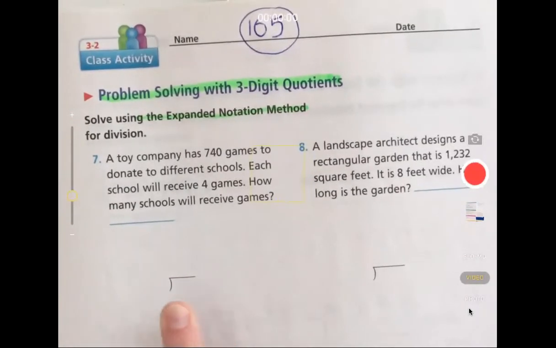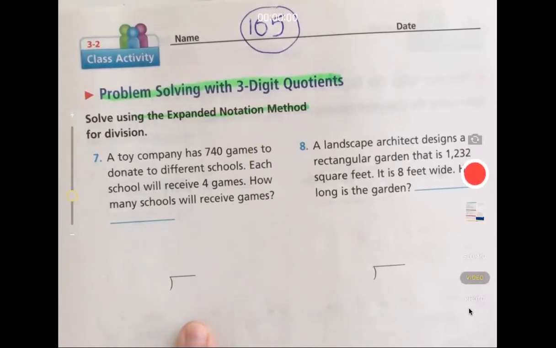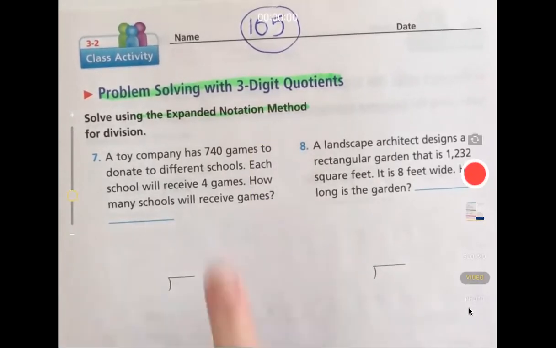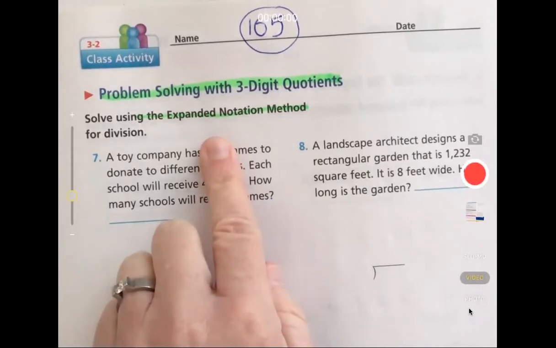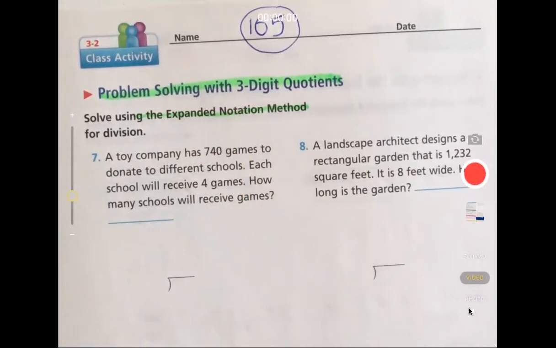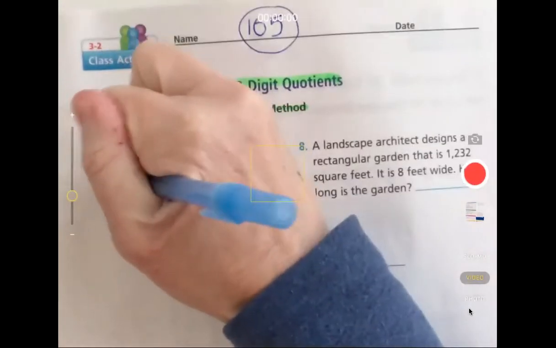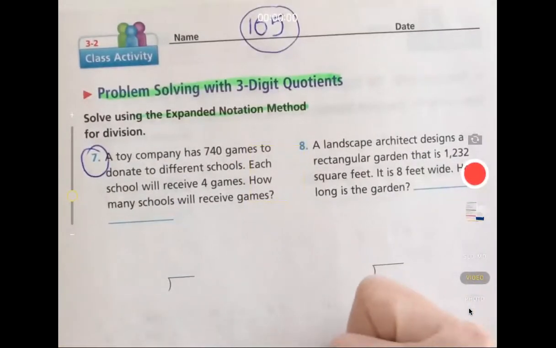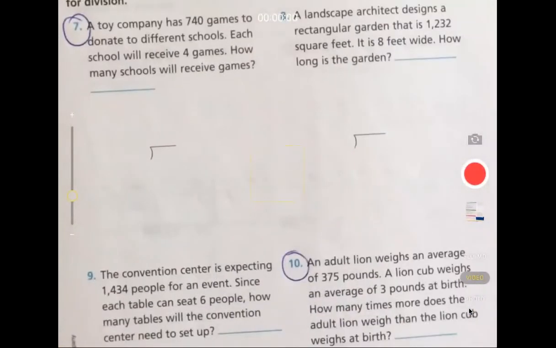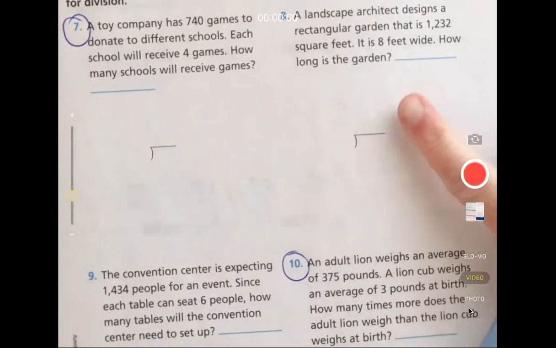You'll notice that we are not using the place value section model for these. This is going to just be the expanded notation. Got a lot of room on these pages, so we're going to do number 7 and number 10 together. And then you'll have 2 more that you can try on your own.